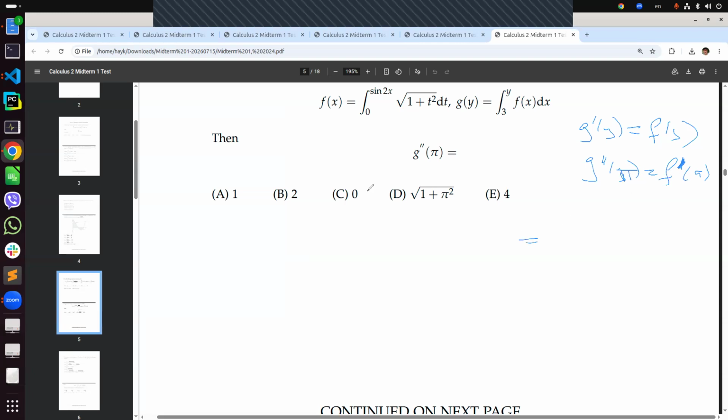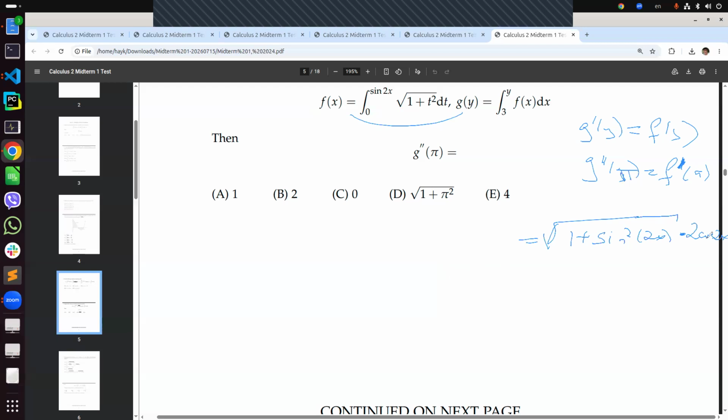What is f prime? F prime now here is root of 1 plus sine squared of x times 2 cosine 2x.